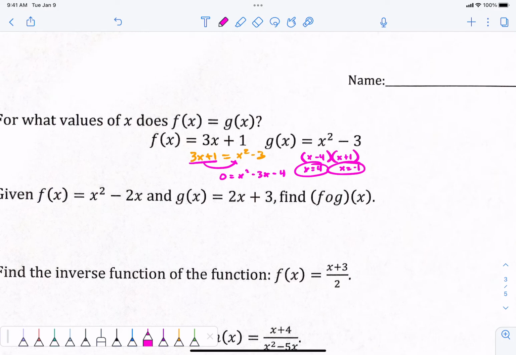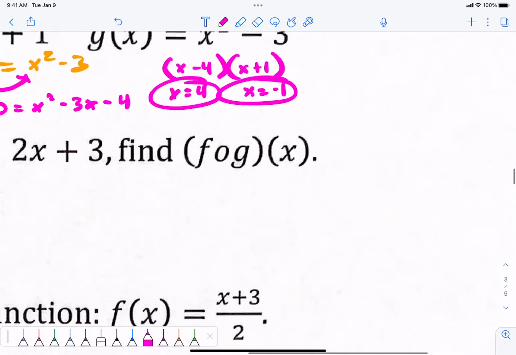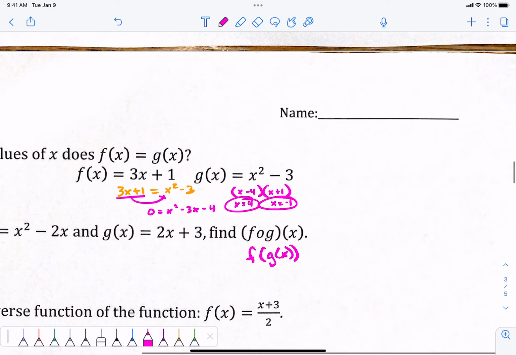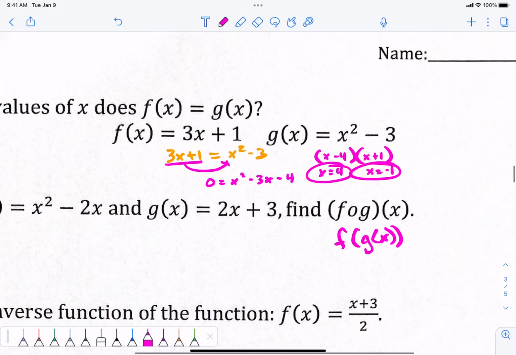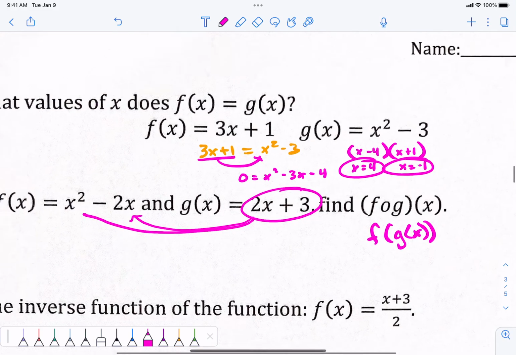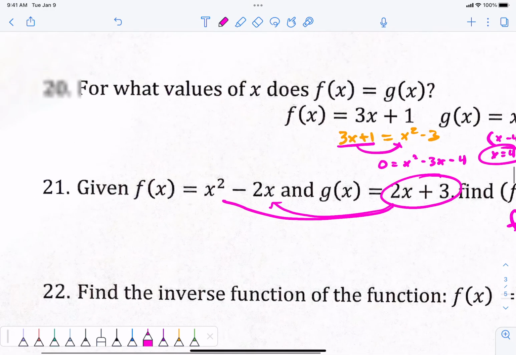All right, this one is what? What does this mean? F of g. You put g into f. f composed of g of x. I like to write it with parentheses. So g is going into f. Now there's two places it goes in, so it's got to go in both places. 2x plus 3 squared minus 2 times 2x plus 3.